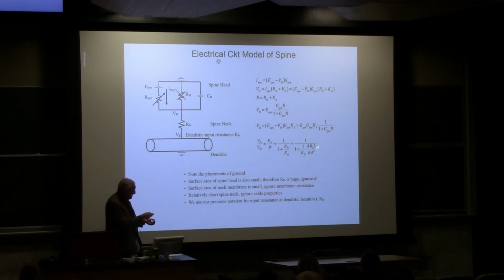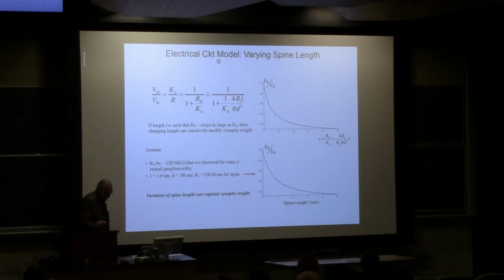And so obviously manipulating the length of the spine neck controls this resistance, and in that manner how much charge gets into, or the voltage that is produced at the dendrite in response to a synaptic input at the spine head. So even though I'm using little l here, it's the same L as the capital L on the previous slide. So here I'm varying spine length and for a spine of some particular dimensions, which I took from that table that comes from the real anatomy.